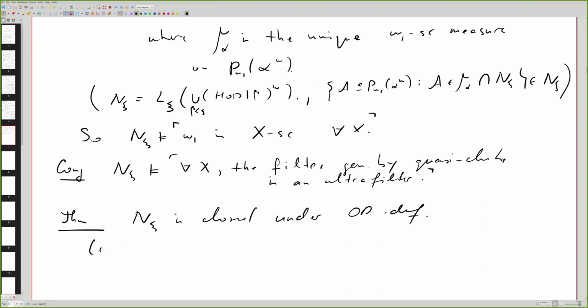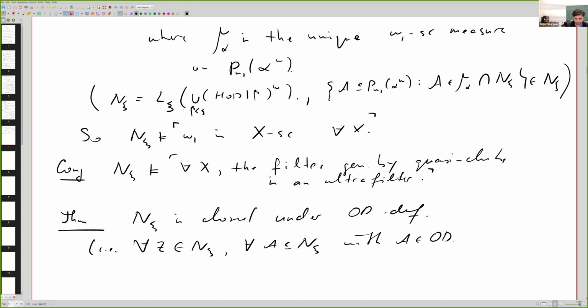So this means: let me just write what this means and then talk about it. For every z in N xi, and for every A a subset of N xi with A OD from z, A is in N xi.